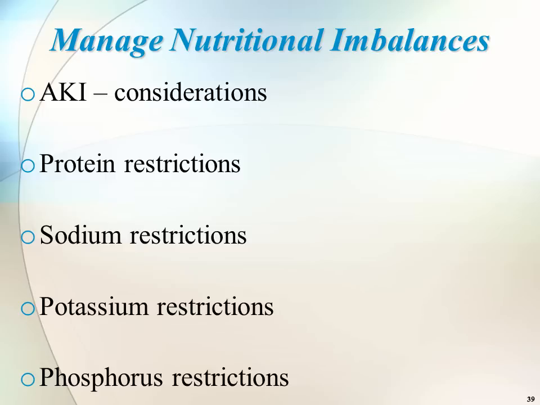So we like to restrict protein to 1 gram per kilogram, to slow the progression of the disease, because uremia is coming from protein metabolism. So we can't have protein malnutrition, but we definitely want to restrict the amount. The proteins that we do eat with chronic kidney disease need to have high biologic value. That means that they're good protein choices.